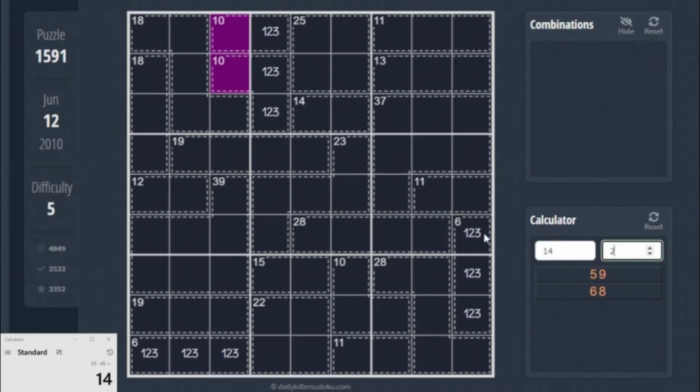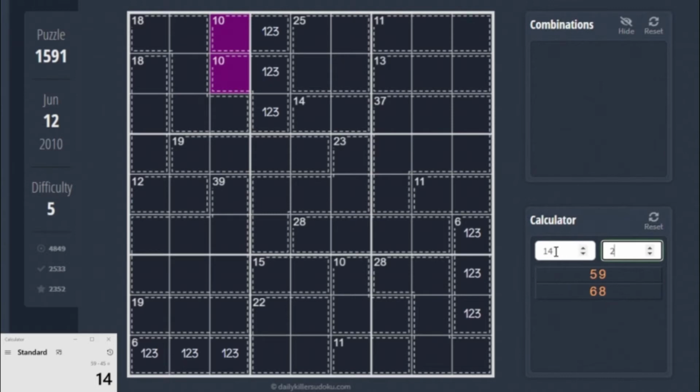And it's 2 cells, right? We have 2 candidates. We can't really determine which number fits into those 2 cells at this stage, so we're gonna leave it as it is.